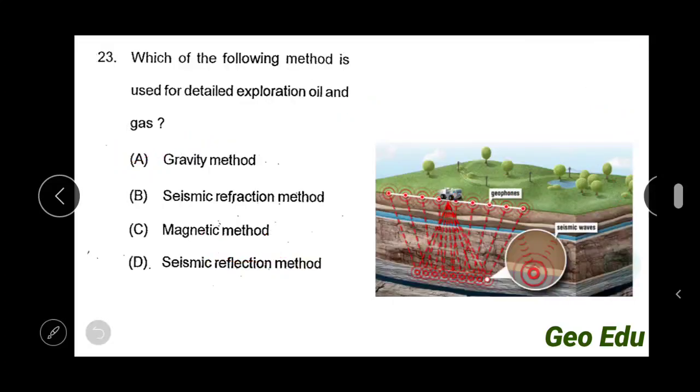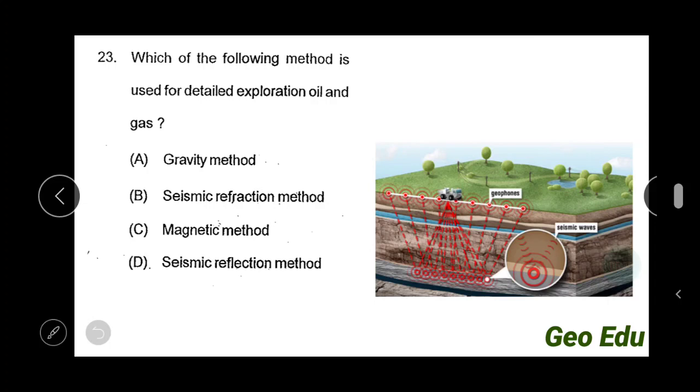Next question: which of the following methods is used for detailed exploration of oil and gas? Option A, gravity method. Option B, seismic refraction method. Option C, magnetic method. And option D, seismic reflection method. There can be confusion between seismic reflection and seismic refraction.